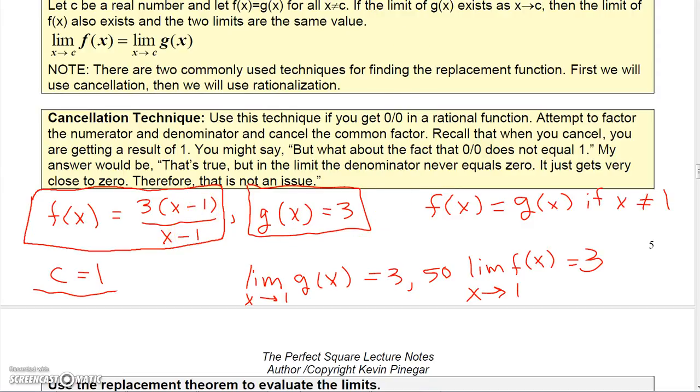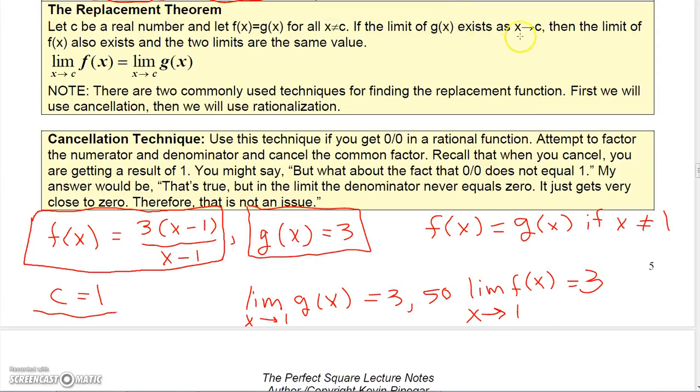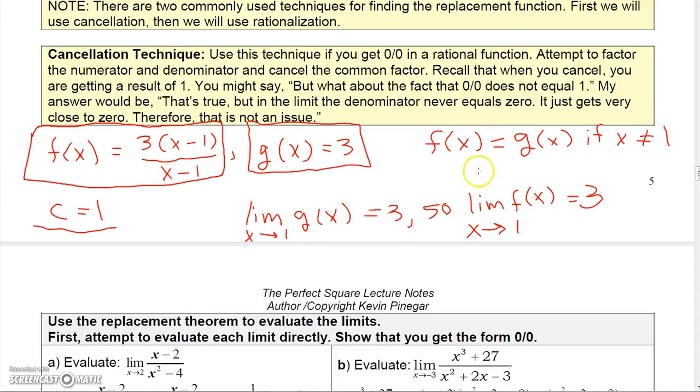But the theorem doesn't say that they have to be equal at 1. They only have to be equal at all values around 1. Since x minus 1 over x minus 1 will cancel everywhere except at 1, f of x does equal g of x everywhere except at 1.